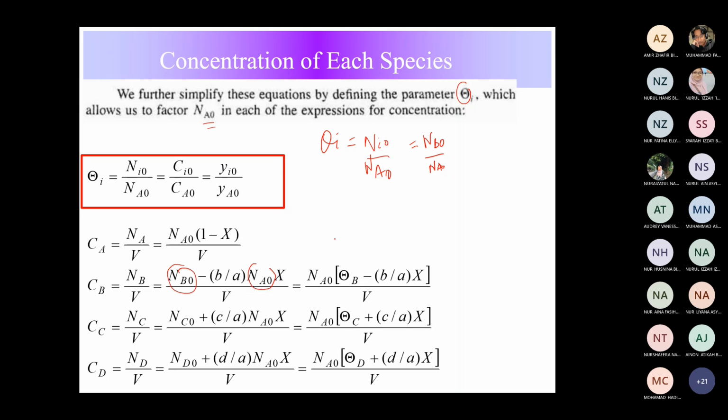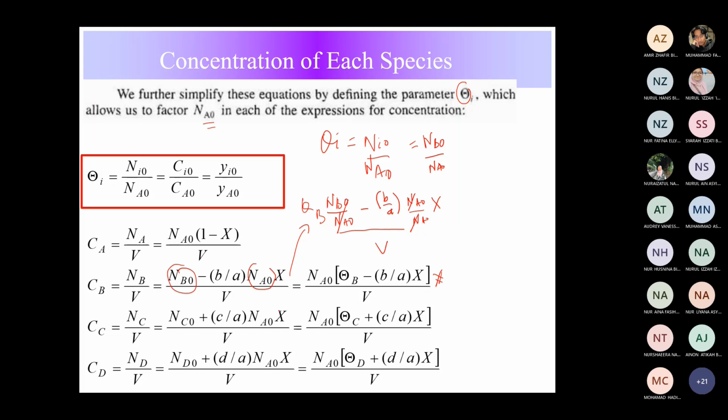So that's why we have NB naught over NA naught, minus B over A, and then we have NA naught divided by NA naught, because we want to cancel the N naught, times X, and then over V. So here we can replace it with theta B, and then minus B over A, leaving only X. That's why we have this one.